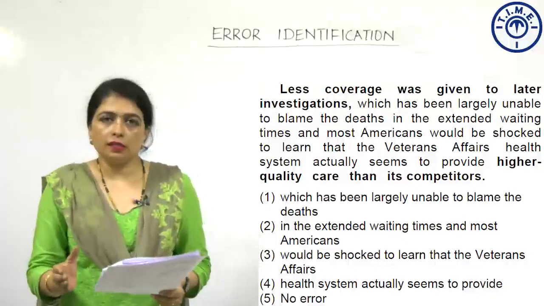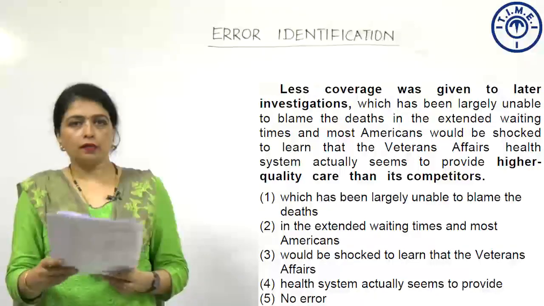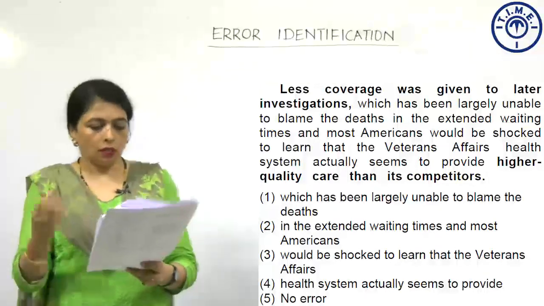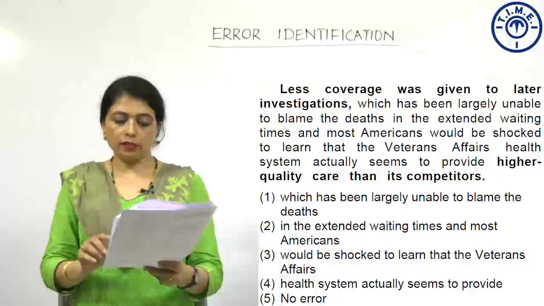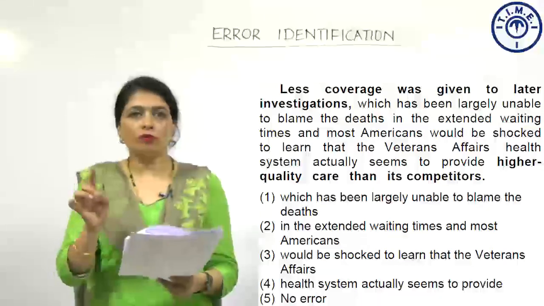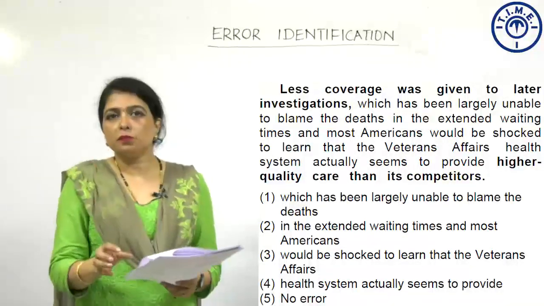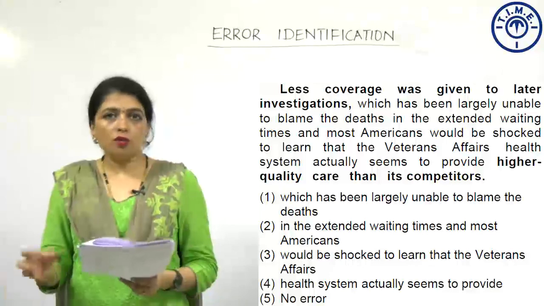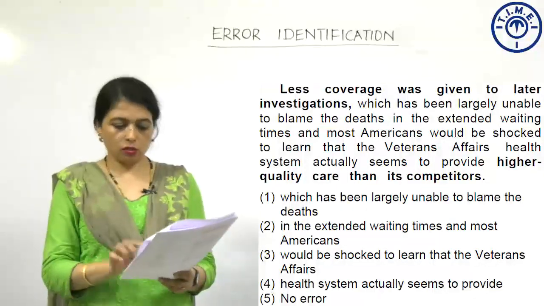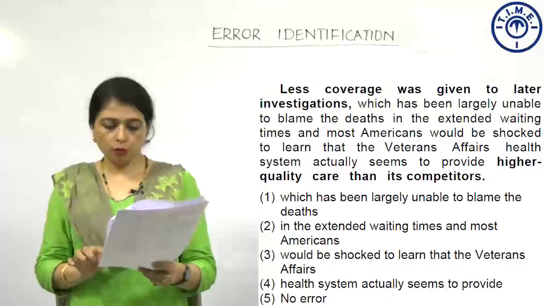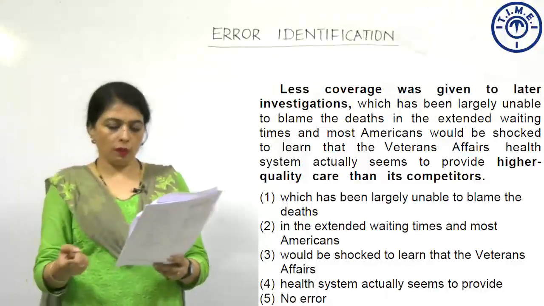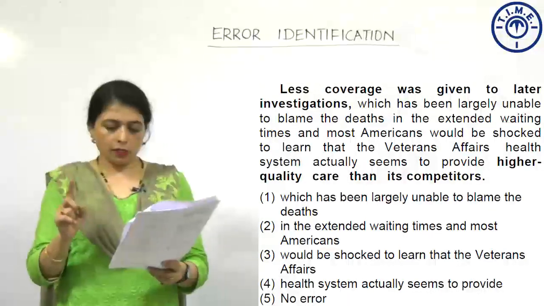But when we read the sentence and we look for grammatical errors, we need to consider each of these parts because they relate to each other. So, when we read less coverage was given to later investigations and there is a comma followed by the relative pronoun which, we understand that the subject of the clause that follows which is the plural noun investigations, and because investigations is plural, the verb which follows which should also be in the plural form, which is not, and therefore it has to be changed.